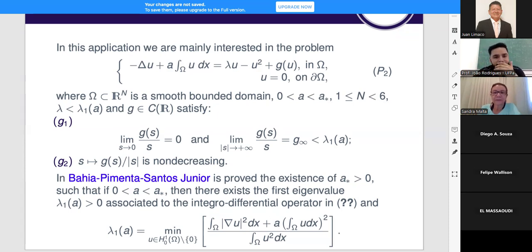So I'm not sure if in the case lambda is equal to lambda 1 we can apply the method, but I'm sure that if lambda is strictly greater than lambda 1, it's not possible here, because we need some kind of Pankov approach, like a generalized Nehari manifold. In the case that lambda is exactly lambda 1, I'm not sure. I need to think about that.